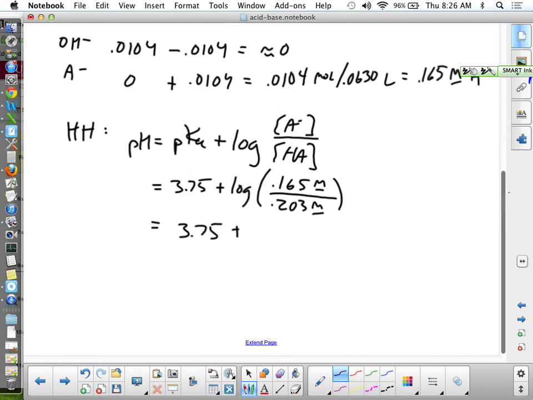I kind of like to calculate the intermediate quantities. Negative 0.0902, which is equal to 3.66, roughly. 3.66. Excellent.